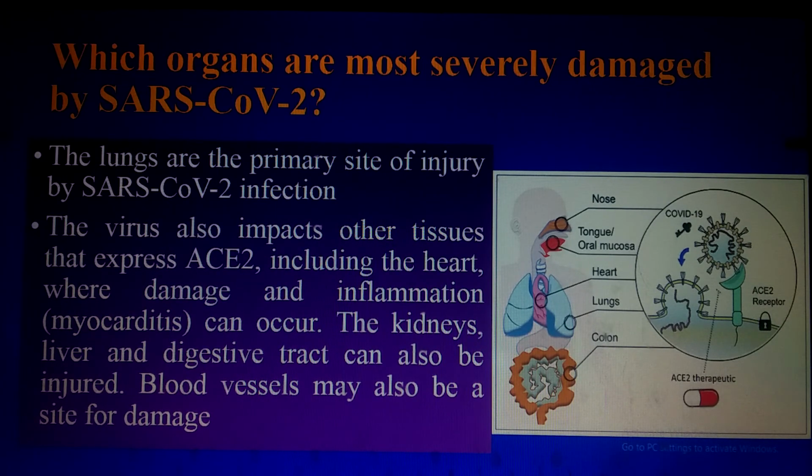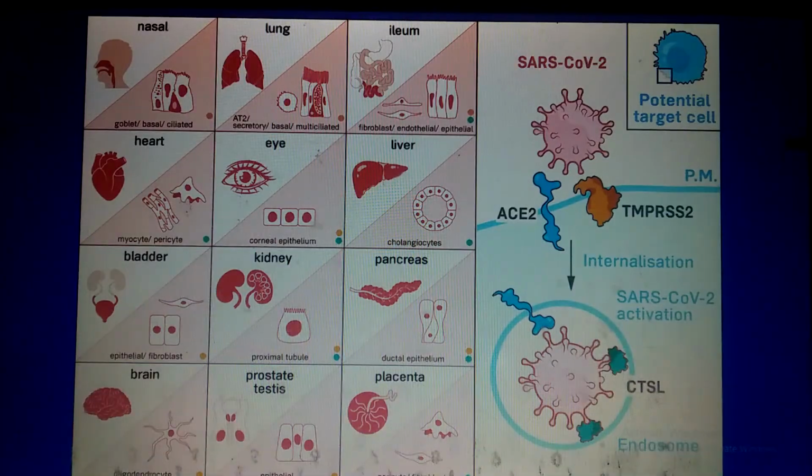So all these organs are affected by the coronavirus. Is it clear? Now you can see clearly all those organs where ACE2 is expressed, and where there is ACE2 there is a chance of infection by the coronavirus. Is it clear?